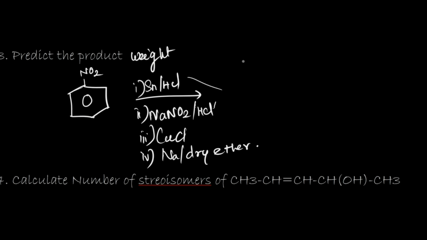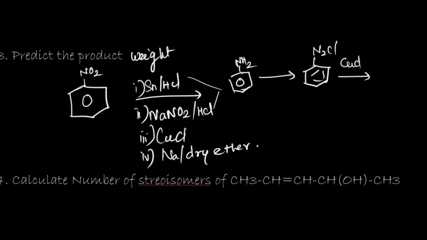We already did these two, which will give you the amine, aniline. Then it proceeds to the diazonium salt. Then comes our Sandmeyer reaction, CuCl, that will give you chlorobenzene. Then sodium with dry ether.